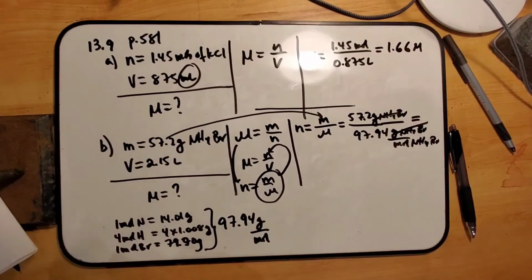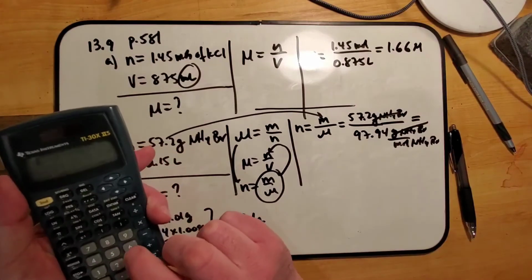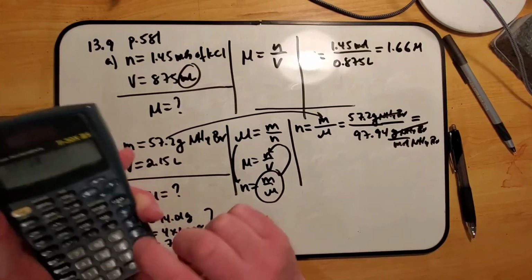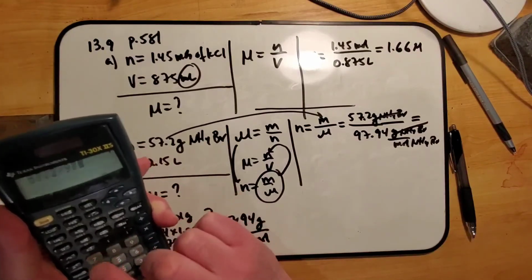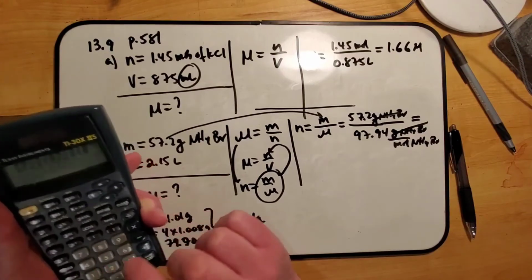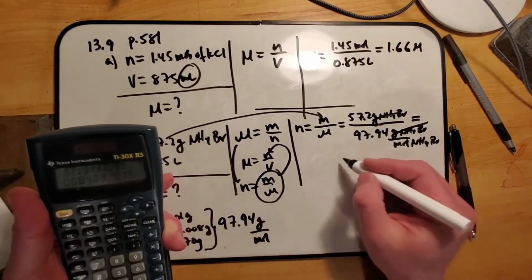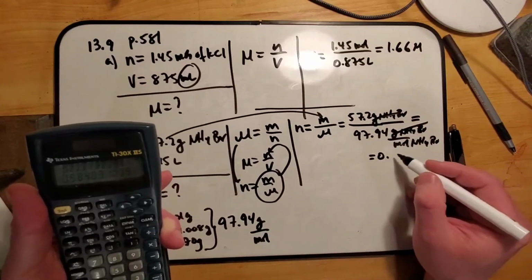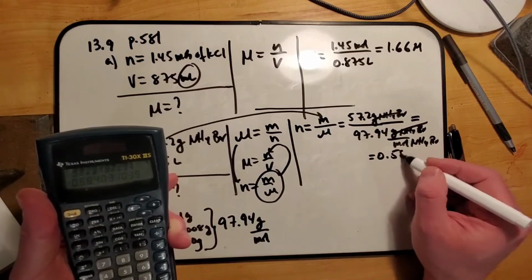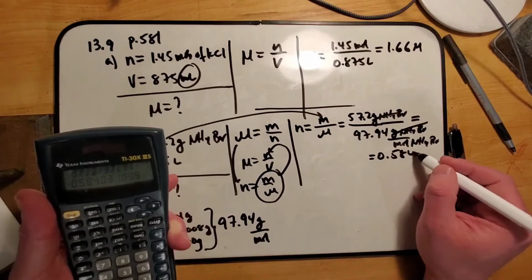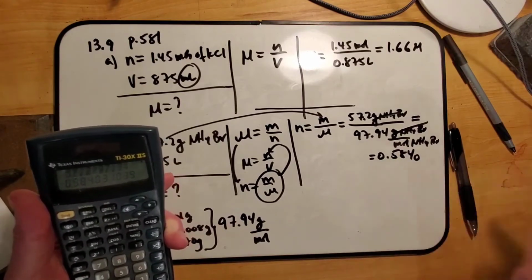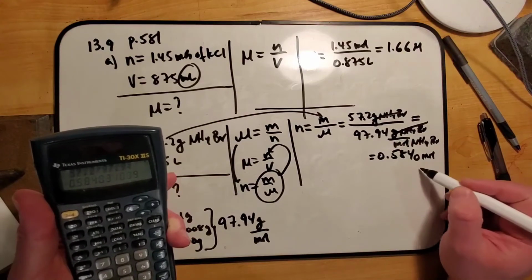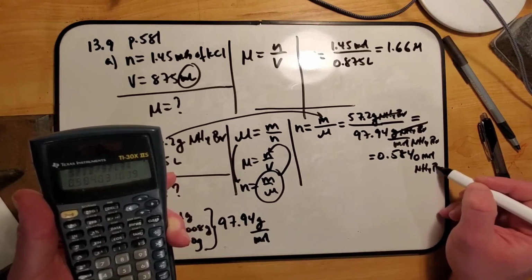So what I'm going to get here is the number of moles. Almost solved the problem, guys. 57.2 grams divided by 97.94. And so I got 3 significant figures, 5, 8, 4, and a little 0 here. I always like to carry an extra digit. And that will be now moles of NH4Br.